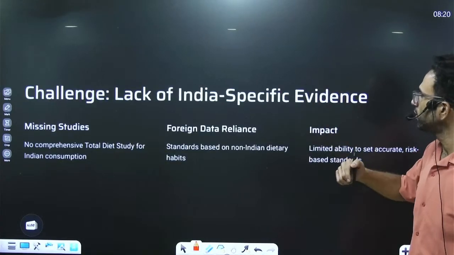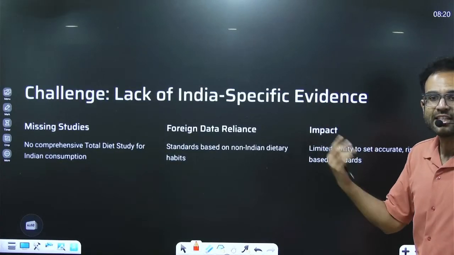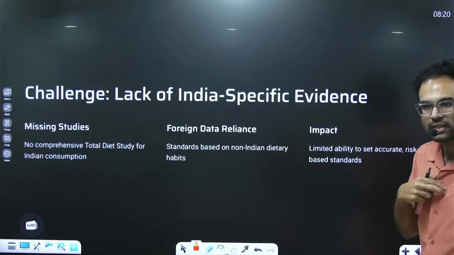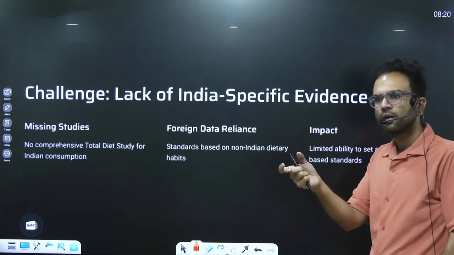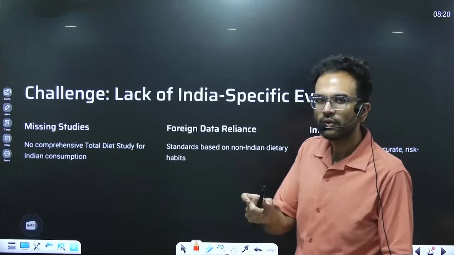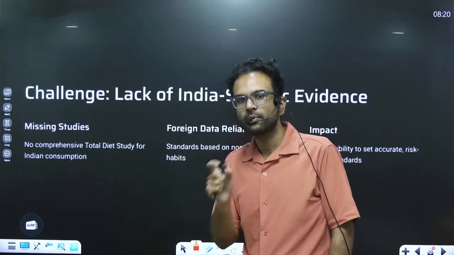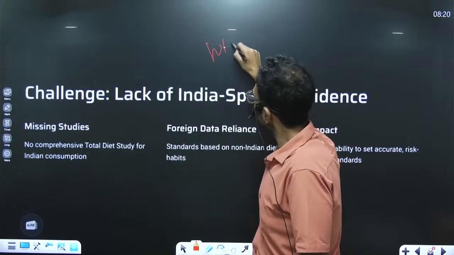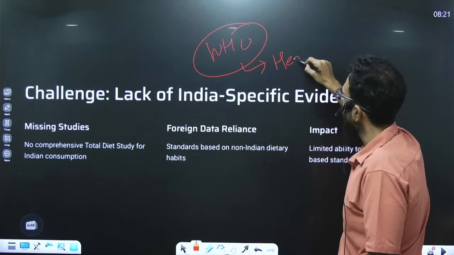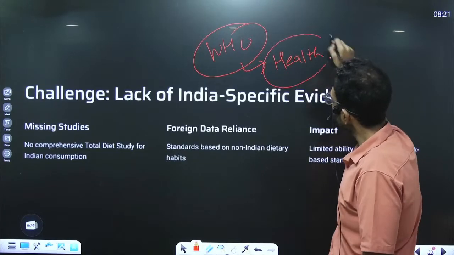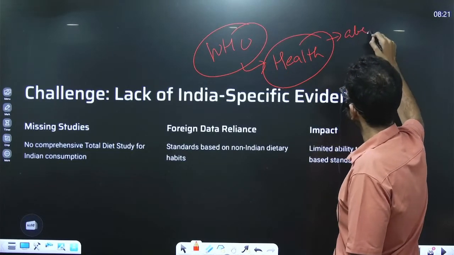What is the challenge here? We don't have science-based food labs, science-based governance. So we are moving away from adulteration as the focus, and now we are focusing on quality of life, because according to the definition of the World Health Organization, you need to know the definition of health. Health is not just absence of disease.